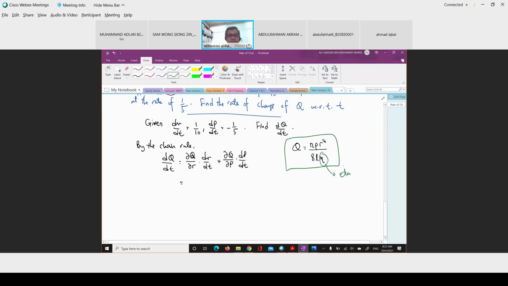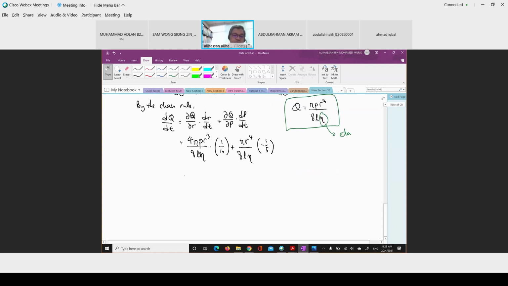So partial Q partial R is 4 pi P R cube over 8 L eta, and dR/dt is 1 over 10. Okay, what is partial Q partial P? It is pi R to the power 4 over 8 L eta, and dP/dt is minus 1 over 5.